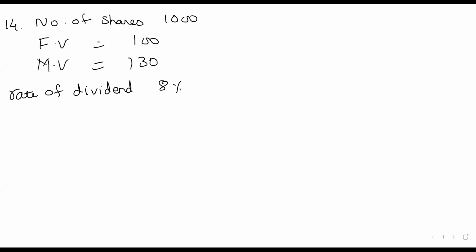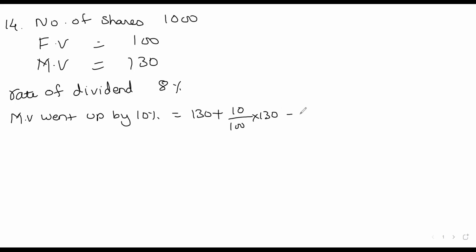Rate of dividend is 8%. A few days later, the market value of the shares went up by 10%. So कुछ दिनों के बाद market value went up by 10%. So that will be 130 plus 10% of 130. That is 143 will become the market value.